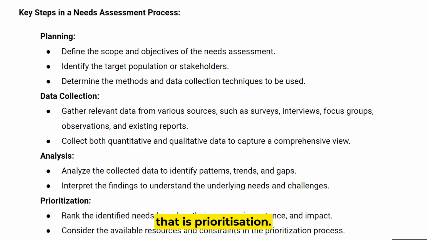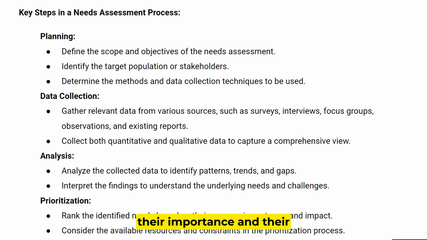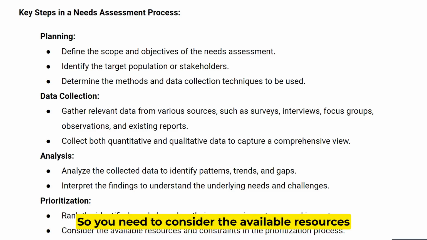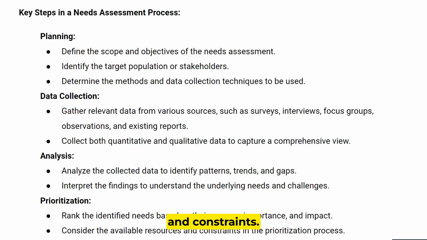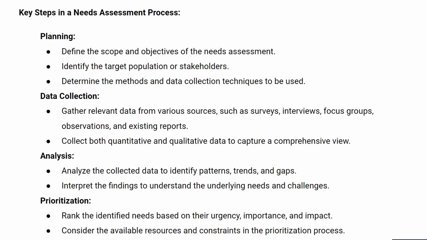That is prioritization. You need to rank the identified needs based on their urgency, their importance, and their impact, and also based on the available resources in your own organization too. So you need to consider the available resources and constraints, so that you'll be able to rank these needs accordingly.